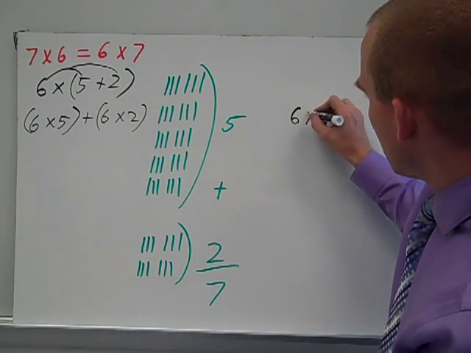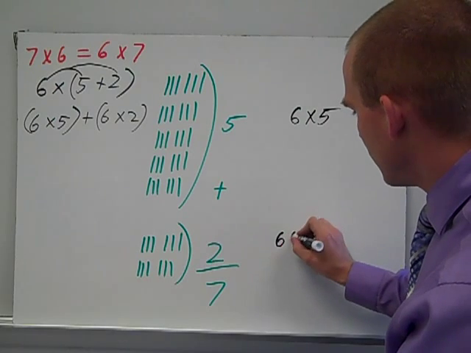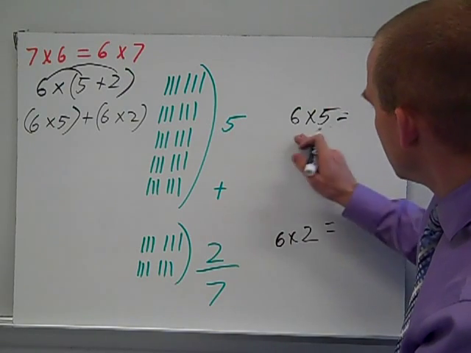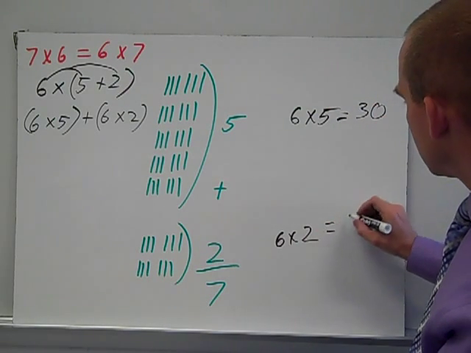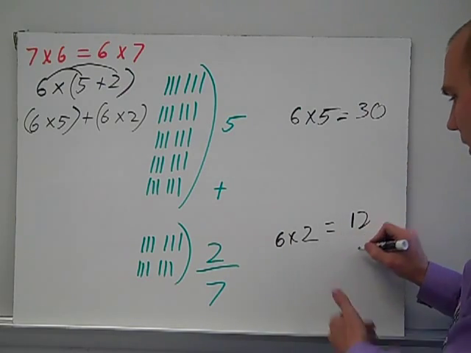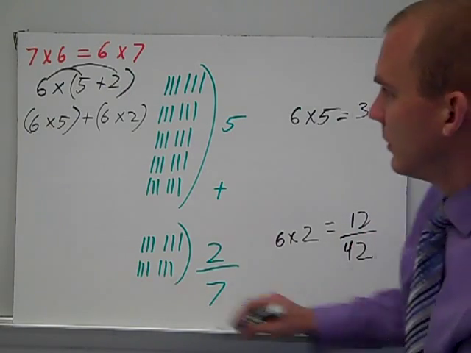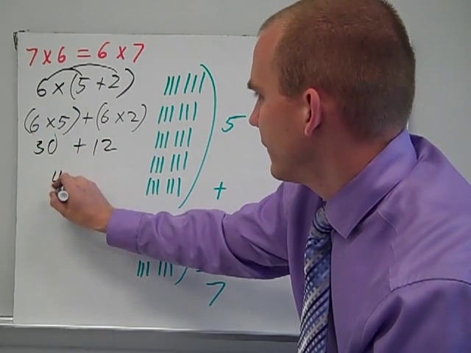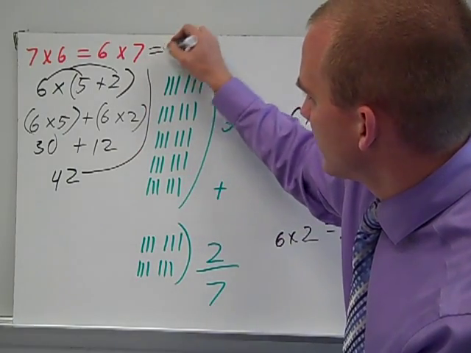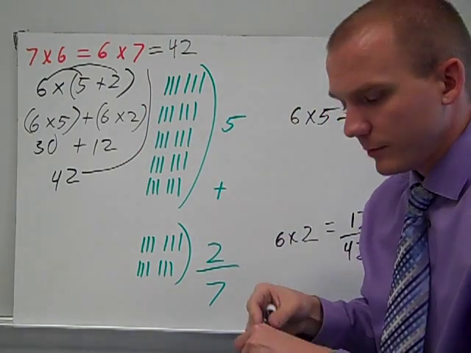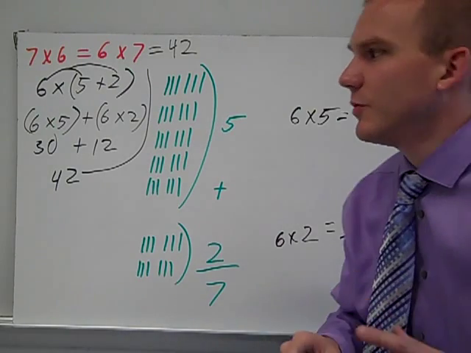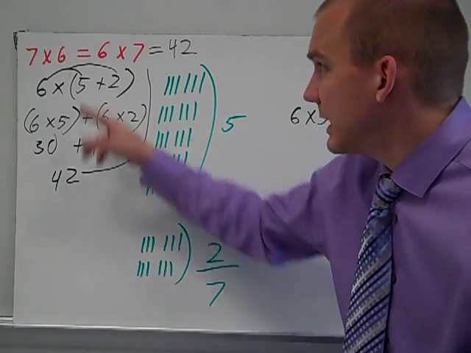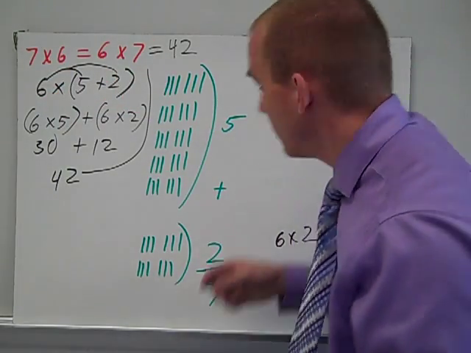You have 6 times 5, and then you have 6 times 2. 6 times 5 is 30, and 6 times 2 is 12. 30 plus 12 is 42, giving me my product of 6 times 7 equals 42. The key to the distributive property is to break the problem down into something manageable for you to solve in case you don't know the original product.